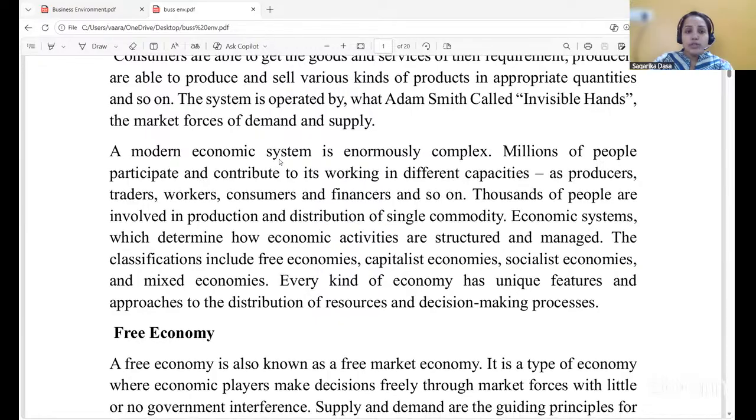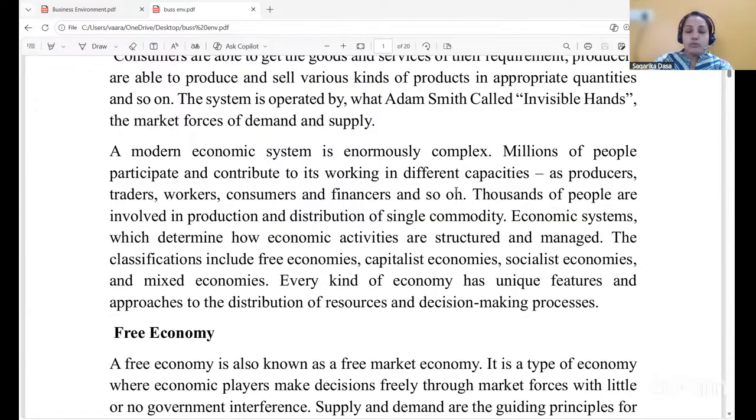The modern economic system is enormously complex. Millions of people participate and contribute to its working in different capacities as producers, traders, workers, consumers, financiers, and so on.